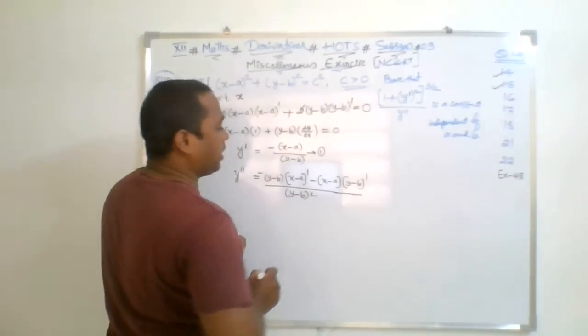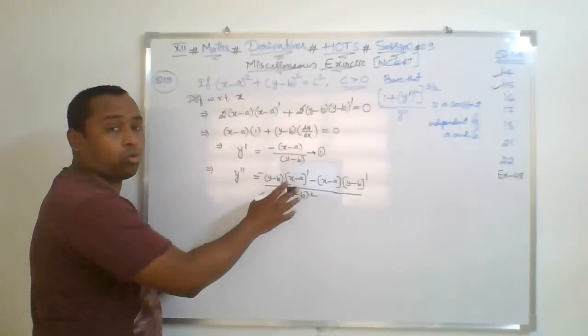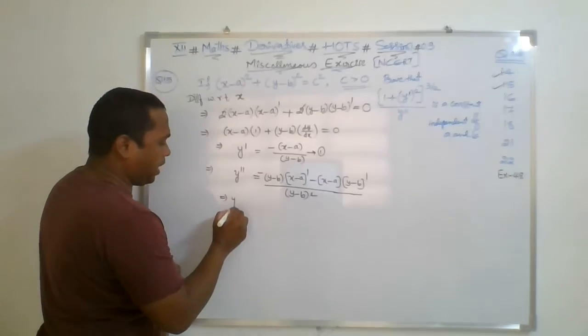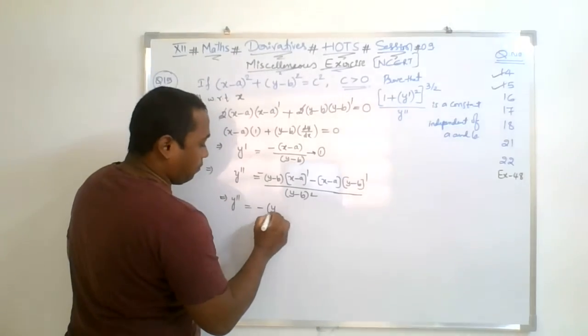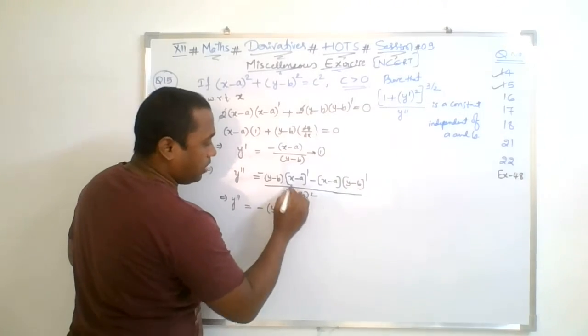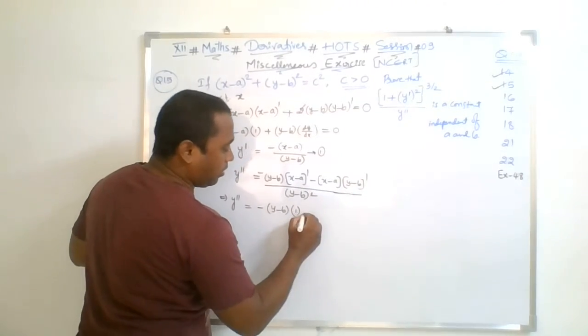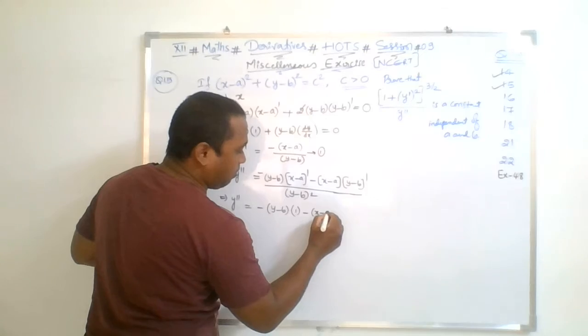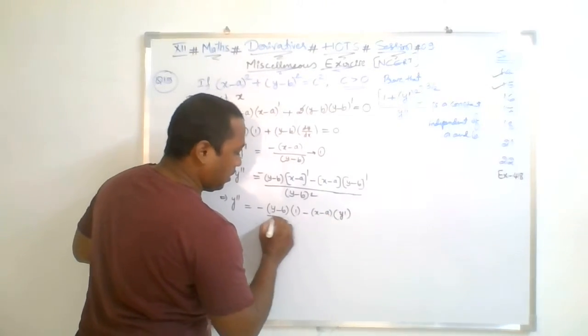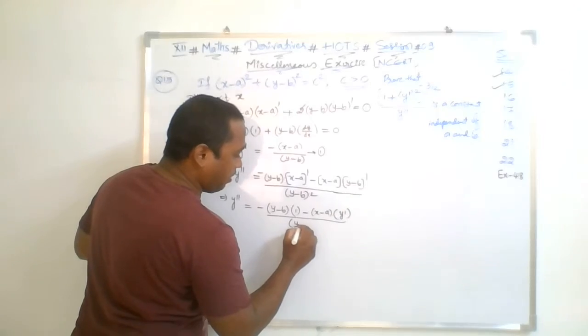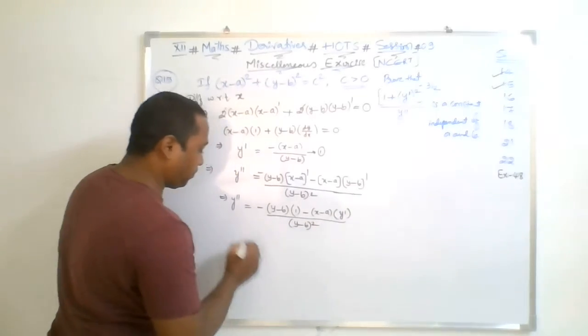I just applied the quotient rule over here. So y double dash equal to minus of (y minus b) into the derivative of this function, which is 1, minus of (x minus a) into the derivative of this function, which is y dash, upon (y minus b) the whole square.